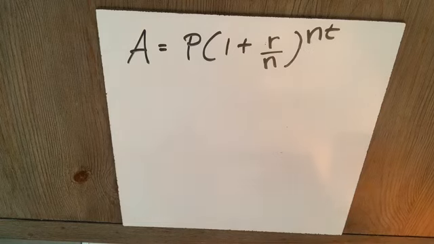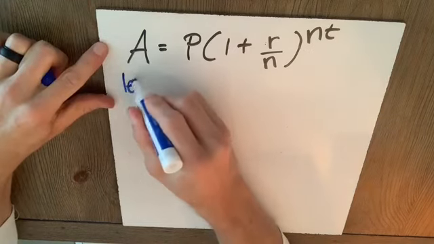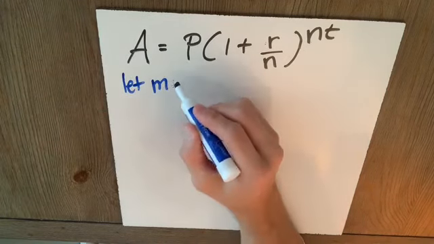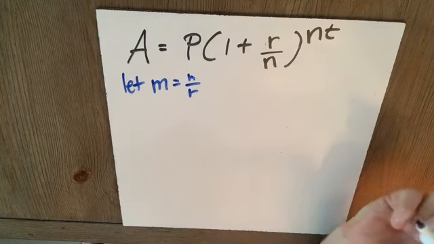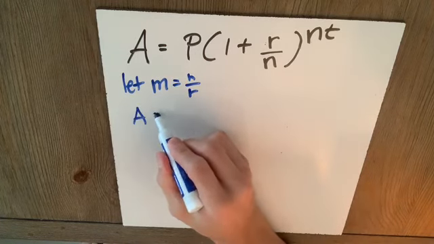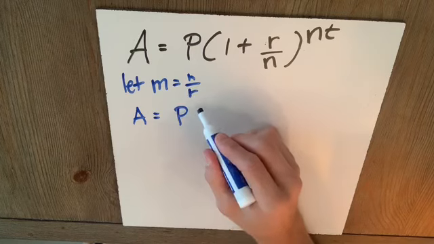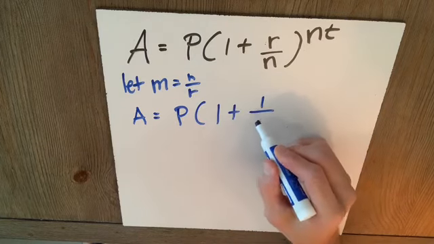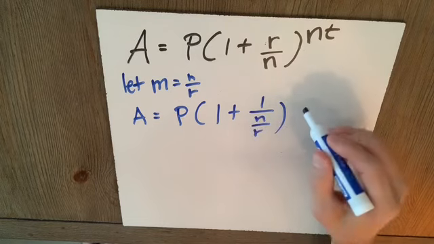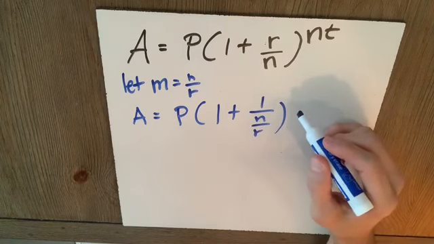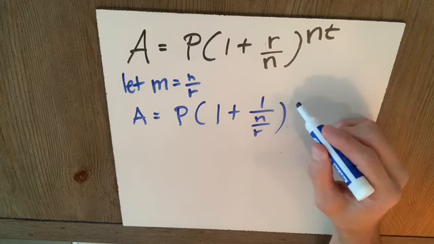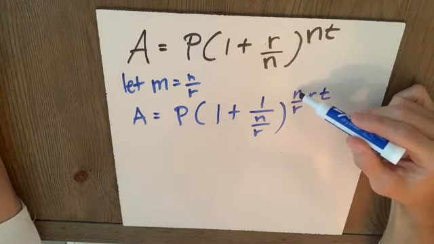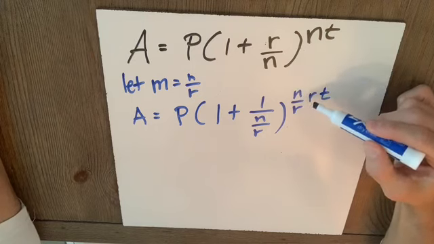So here's the fancy math footwork. Let M, as in Michael, equal N divided by R. Look at this equation. I'm going to try to make some substitutions. This is equal to 1 plus 1 over N divided by R. And out here, I've introduced N over R times RT.